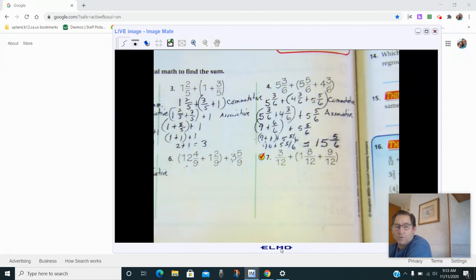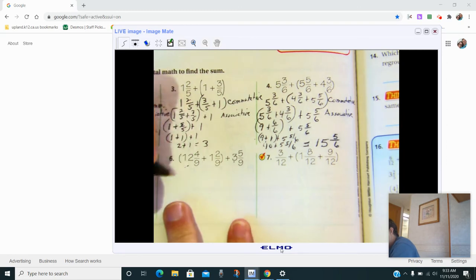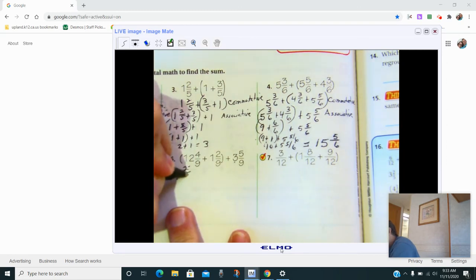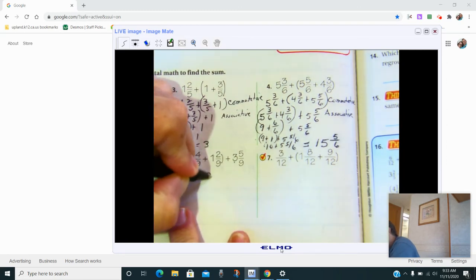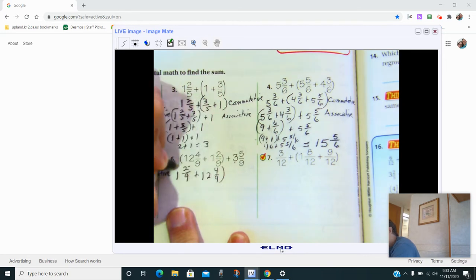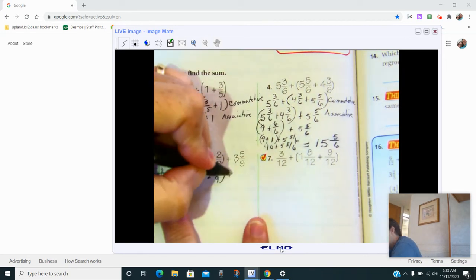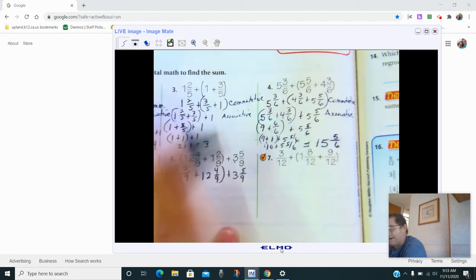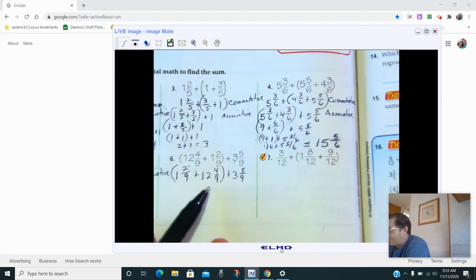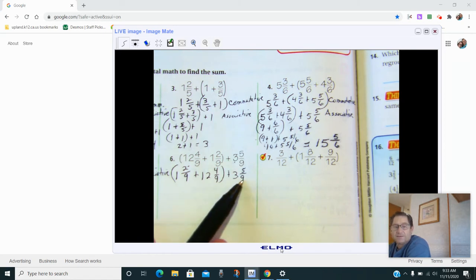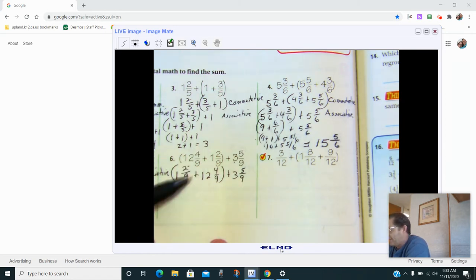We need to switch the order of the addends inside the parentheses. So that would look like this: plus 3 and 5/9. So we now have 12 and 4/9 next to 3 and 5/9, but I still can't add them together because they're still grouped with 1 and 2/9.